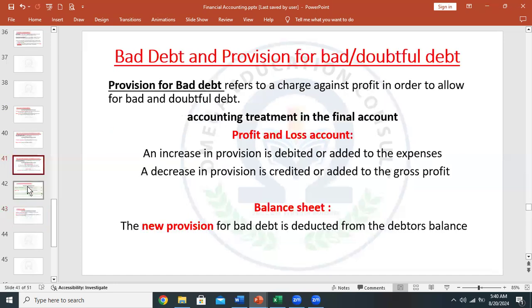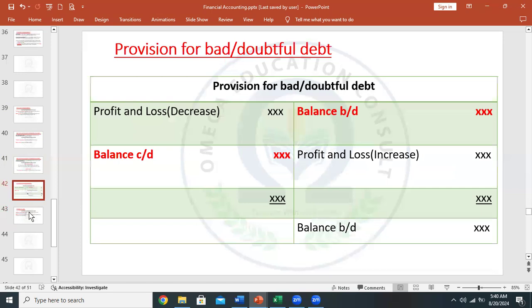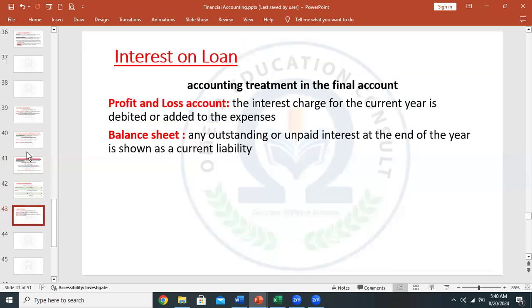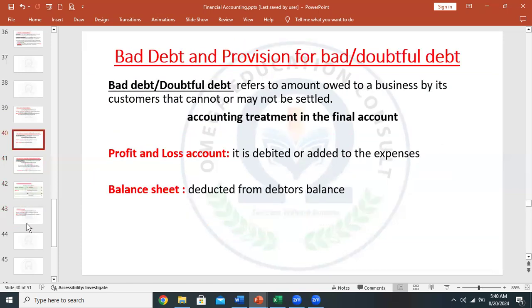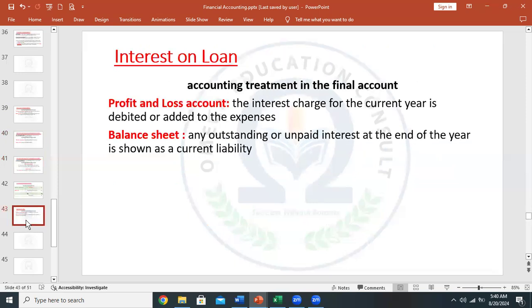The provision for bad debt also behaves like the provision for depreciation, but that one you have to check for. In fact, I don't want to do that today. It is also highly examined, but I don't want to add on to what we have just done.